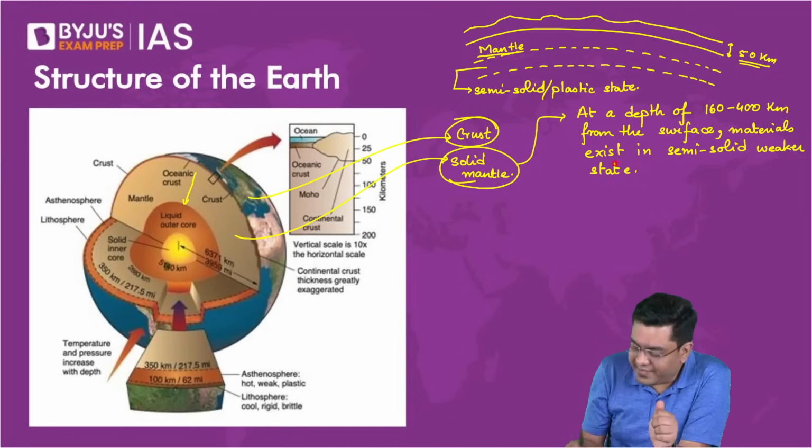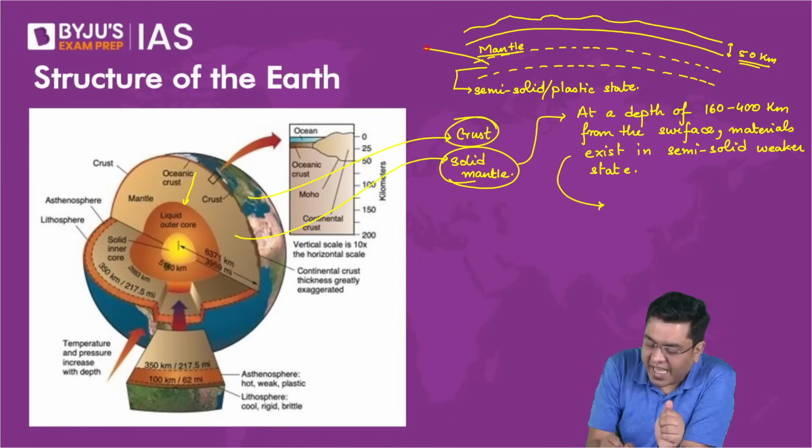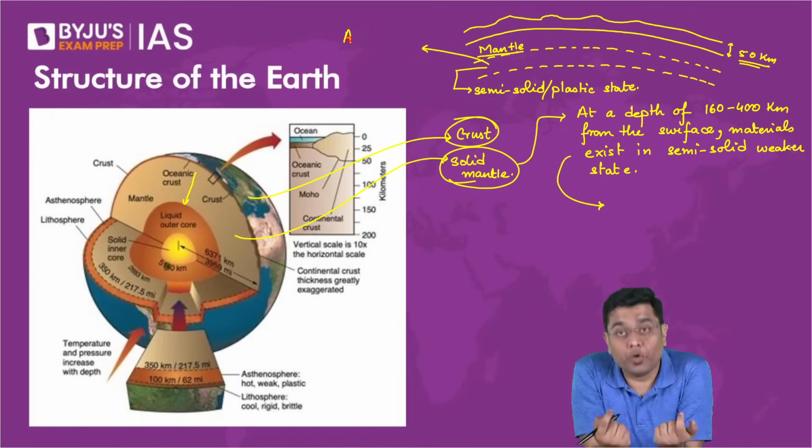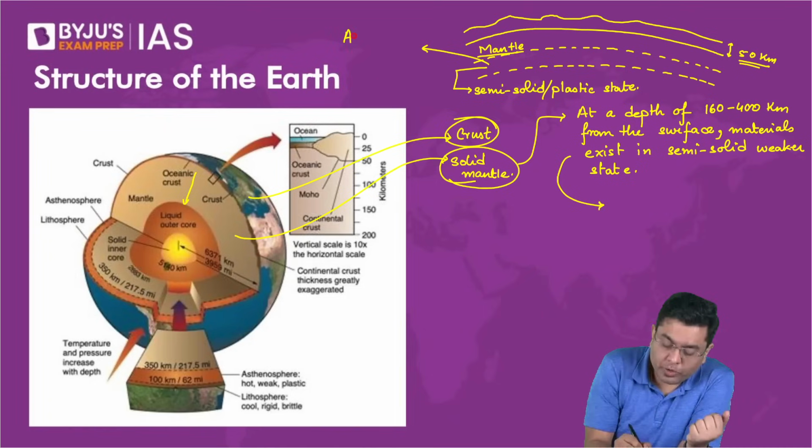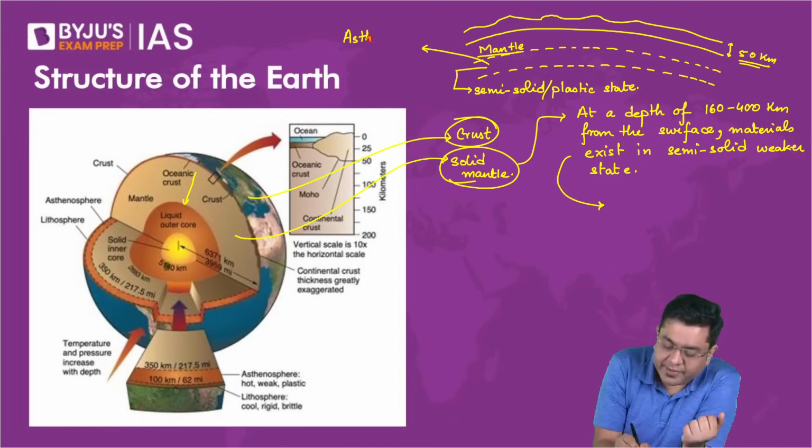This is a layer which is referred to as asthenosphere. It is derived from the term astheno, which means something which is weak. So that is where you have the asthenosphere.